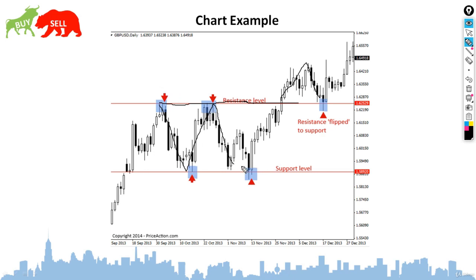And here it's a confirmed double bottom reversal. What we will remark also is that the market always reacts at this resistance level and the support level. Here also we have a doji.